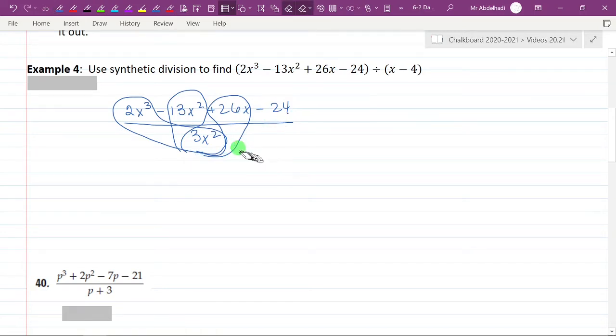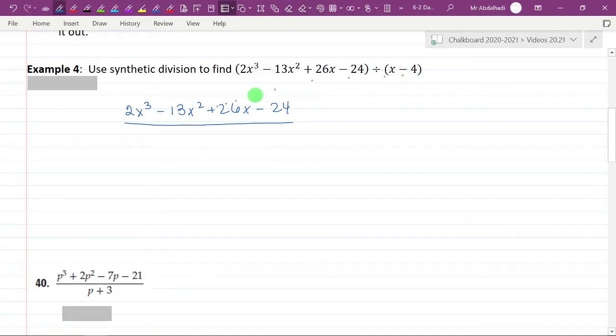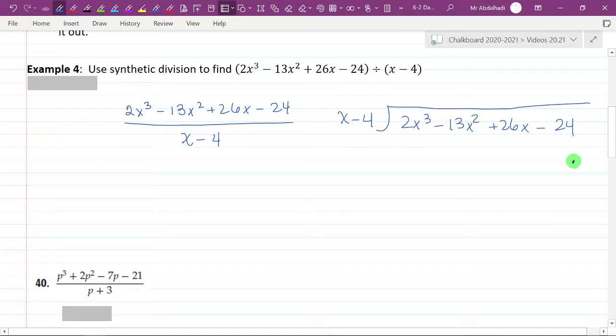But if you have more than one term in the denominator, like we do here, we have an x minus 4 in the denominator. That's 2 separate terms. There's an x and there's a 4, and there's a minus in between. So if you have something plus something or something minus something, you can't split the fraction, so you have to do long division, and long division looks like this. Once you've written out your long division, you have to make sure that you're not missing any powers here.